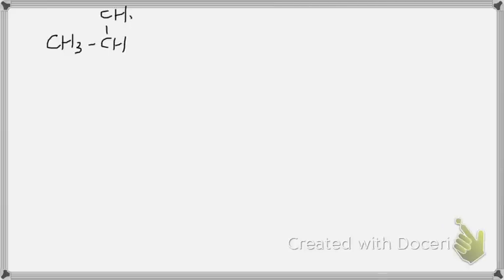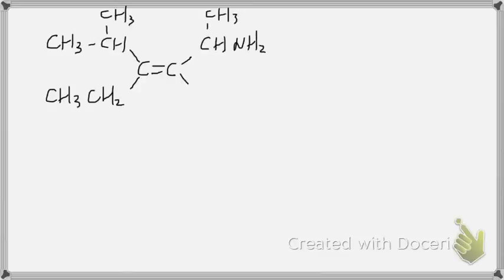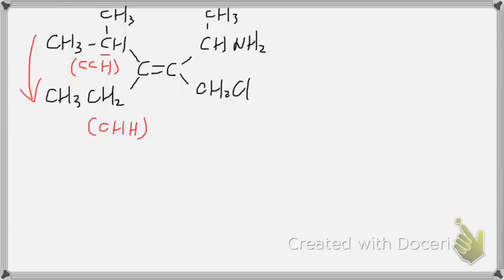Next example. All right, so on the left side, there are 2 carbon atoms attached to the double-bonded carbon. For the top carbon, what's attached to it is CCH. For the bottom one, it's CHH. All right, so here is the arrow going from the higher to lower priority.